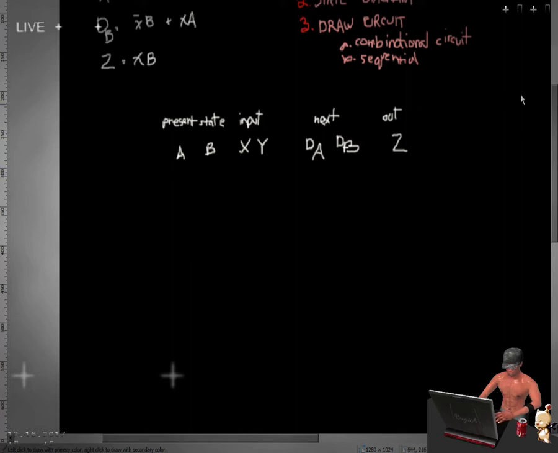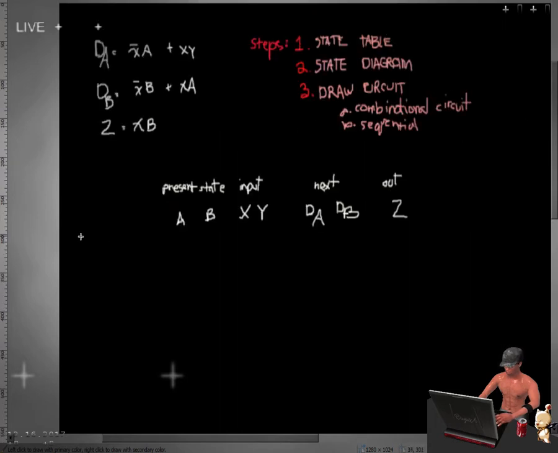But let's start with 0. 0 is going to be red and 1 is going to be white. So let's start with 0. Okay, so we start with 0, 0, 0.